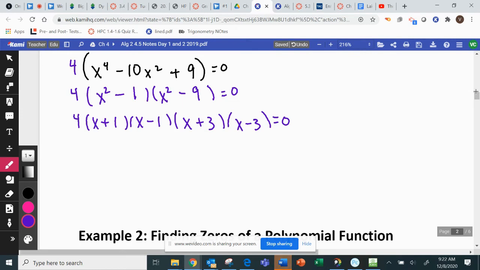When we set each of these equal to 0, I will have -3, -1, +1, +3.